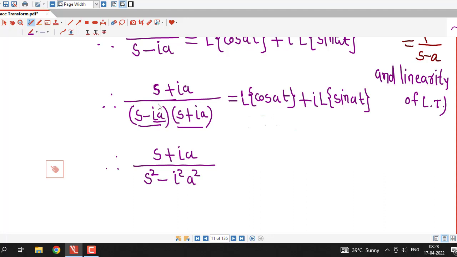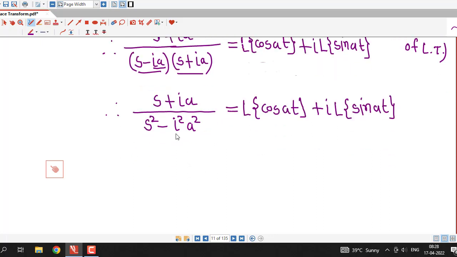So we have the square of s minus the square of i into a. The square of i into a is i square into a square, and we keep this as it is: Laplace transform of cos at plus i times Laplace transform of sin at.